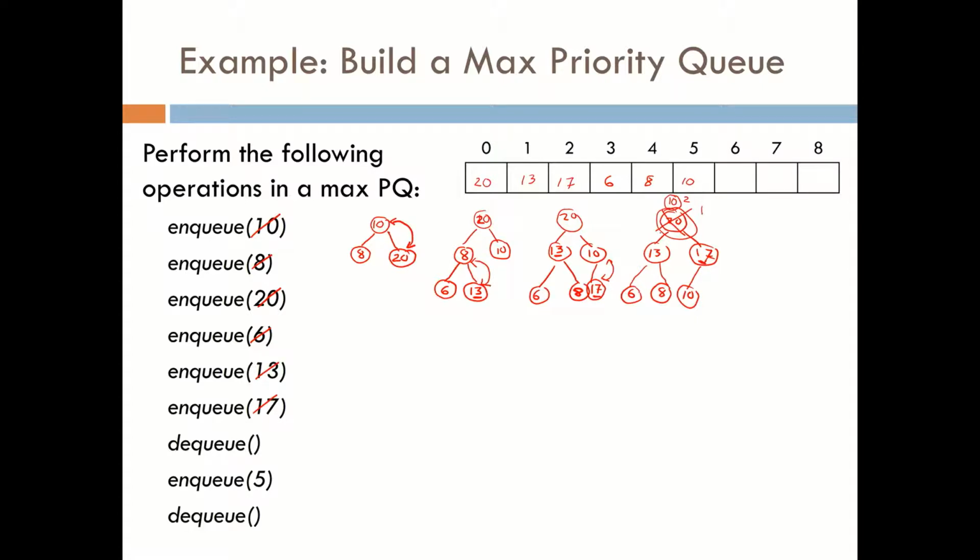And finally, we're going to delete the 10 because we don't want two 10s in this tree. And let's redraw this tree to just make it cleaner. It now looks like this. We've got a 10 at the top, and we've got 13 and 17. We have the 6 and the 8.